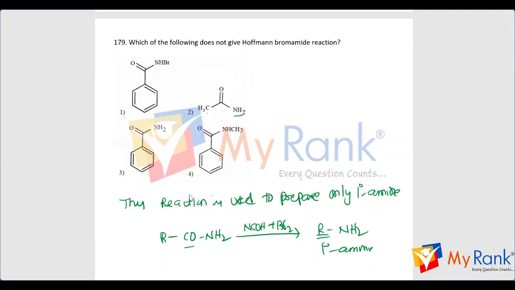But here when NH is attached to this one, the secondary amine is formed. How secondary amine? Already nitrogen is attached to one methyl group. When nitrogen is attached to this one, we get a secondary amine. Therefore, this one will not give the Hofmann bromamide reaction. Very important one here. The Hofmann bromamide reaction is used to prepare only primary amines, both aliphatic and aromatic. Here already nitrogen has one methyl group, so a second carbon cannot be attached here. This will not give the Hofmann bromamide reaction.